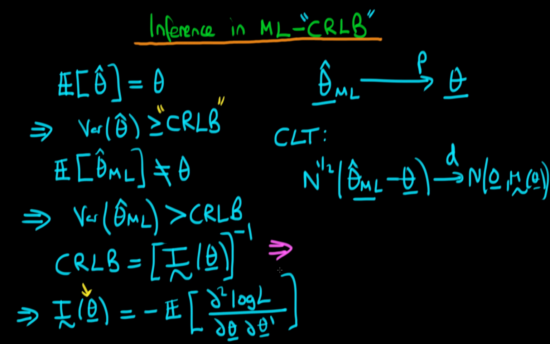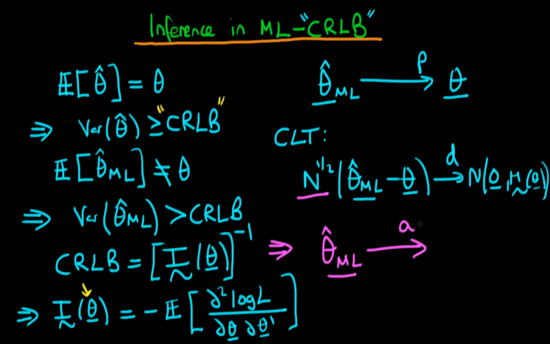Technically, I shouldn't really be dividing through by this n to the half here, but if we do that, it's not going to be tending in distribution because at the limit when the population size is infinite, there is no variance at all in theta hat maximum likelihood.